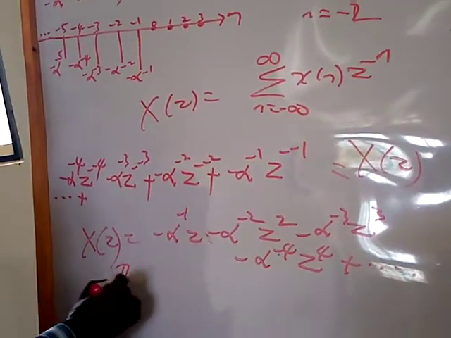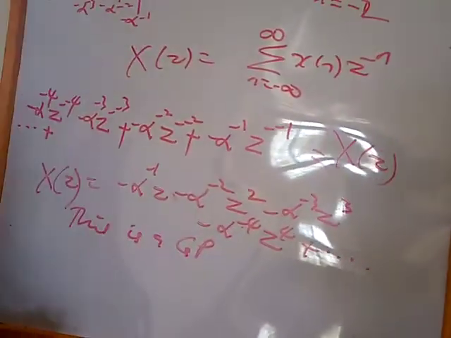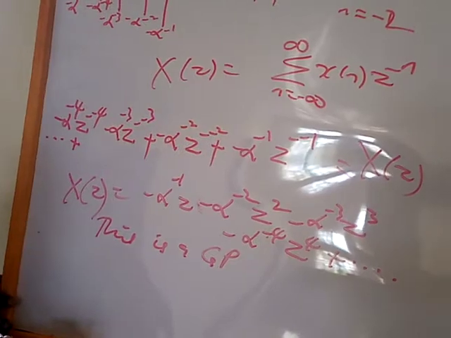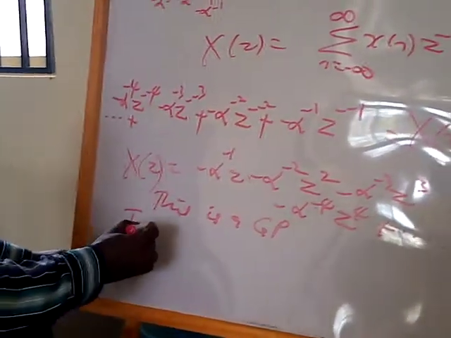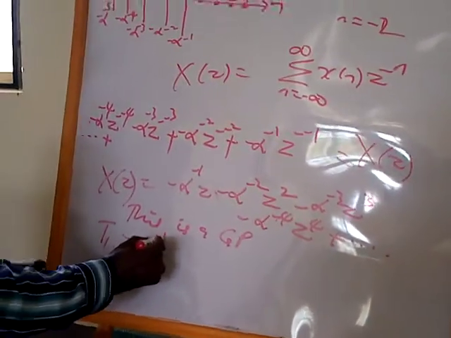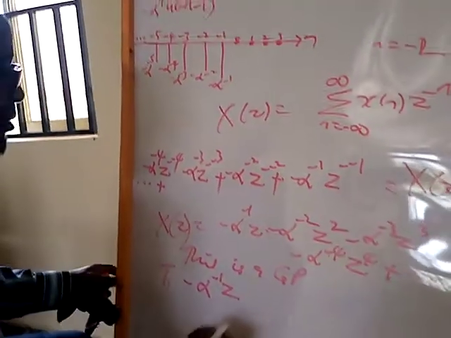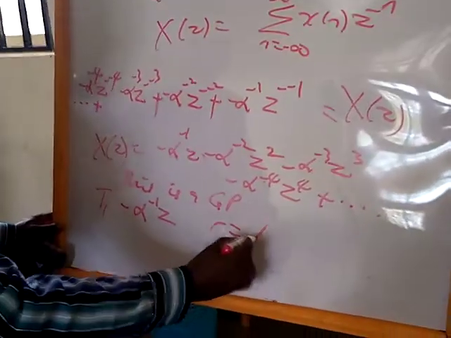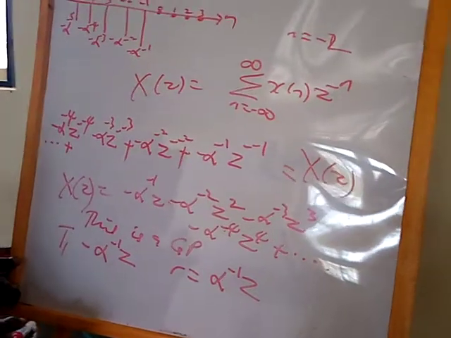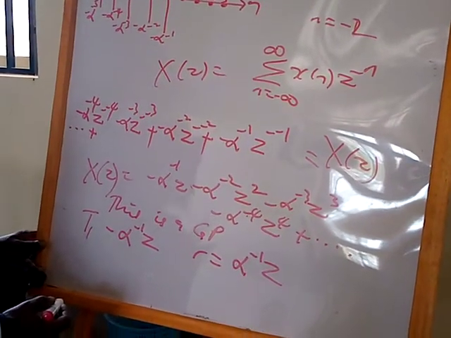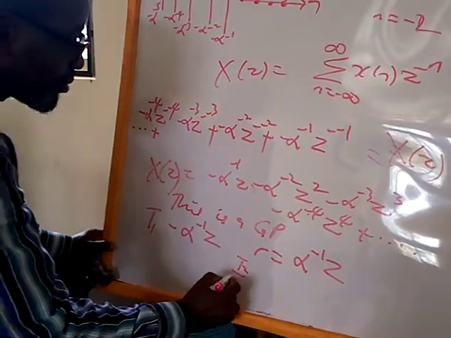This is a GP. This is a geometrical progression. And from what you are seeing, the first term, T1, is minus alpha minus 1 z. And the common ratio is going to be alpha minus 1 z. How do you get the common ratio? The common ratio is just simply T2 over T1.